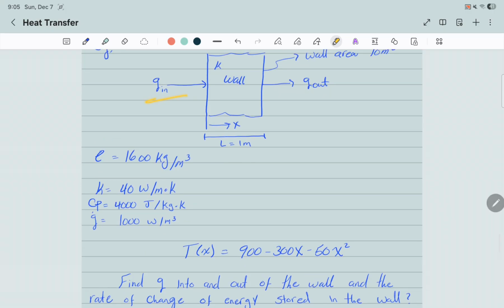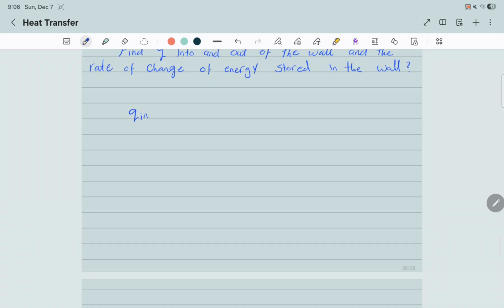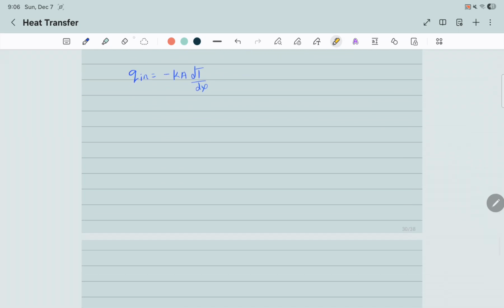We'll start with solving for Q in. Q in is heat flowing into the wall by conduction. We reviewed in chapter 1 that conduction is negative KA dT over dx. Now, the Q in is at the point where x equals 0, so your dT over dx is at x equals 0.